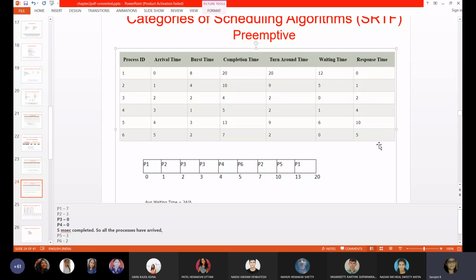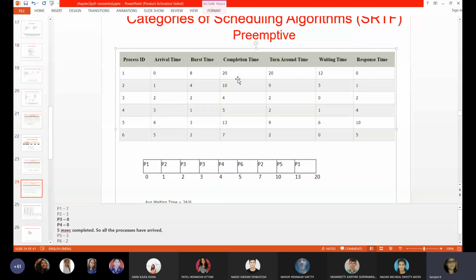Why is this extra given here? Because it is a preemptive algorithm. Completion time will be the last occurrence of the process. For example, process 1's first occurrence is this, the second occurrence is this, but the completion time is not at the first; it is at the second occurrence.